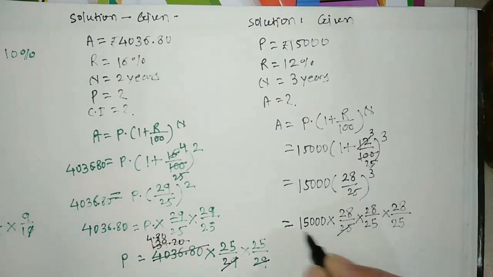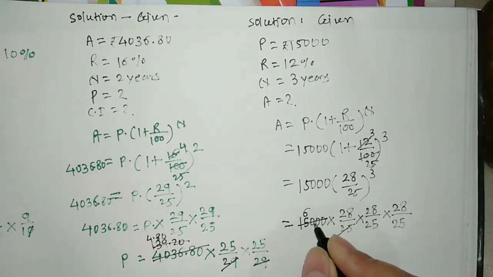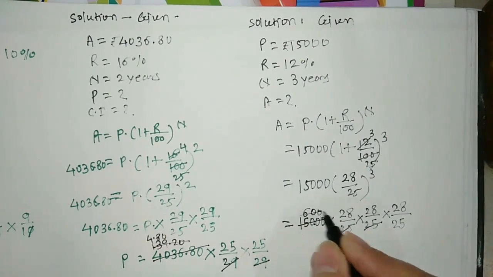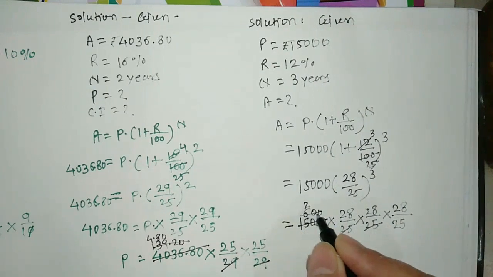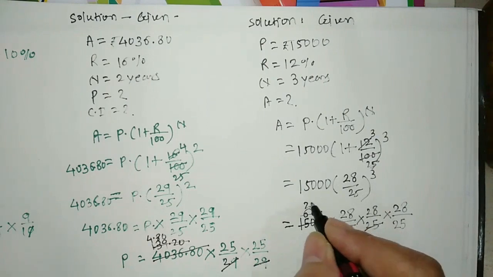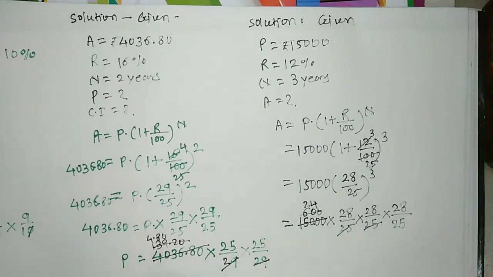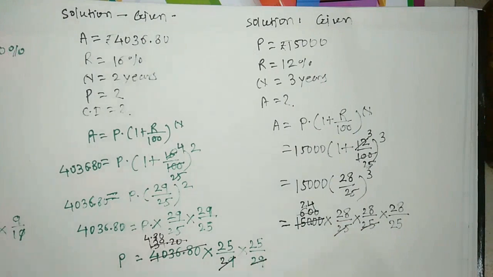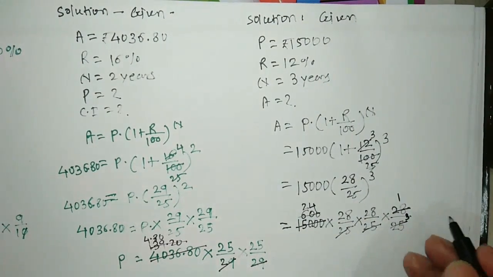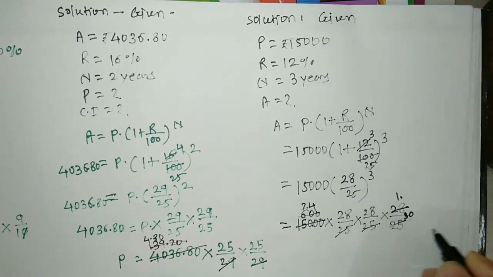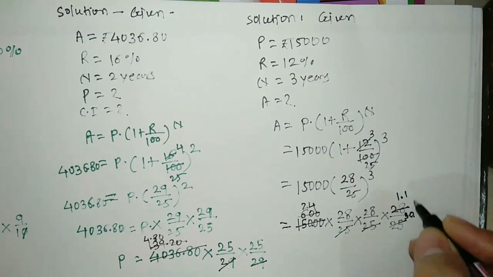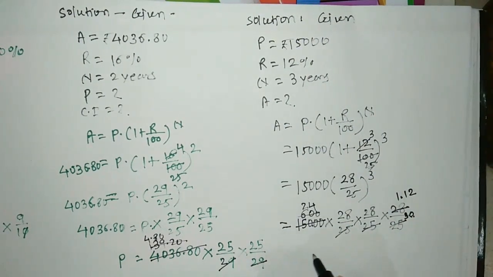So take the division here. 25 6s are 150, 2 zeros as it is. Again divide by 25. 25 2s are 50, 25 4s are 100. Now take the division here. 25 ones are 25, remainder is 3. Take the decimal point, 3 becomes 30. 25 ones are 25, subtraction is 5. 25 twos are 50.